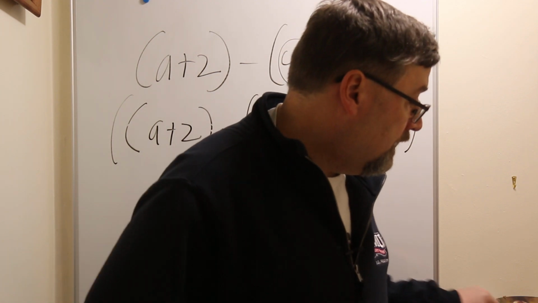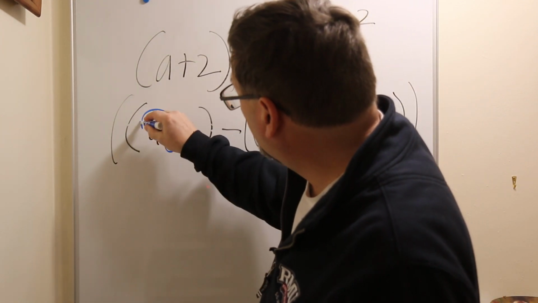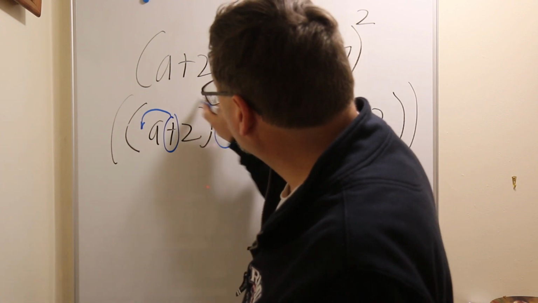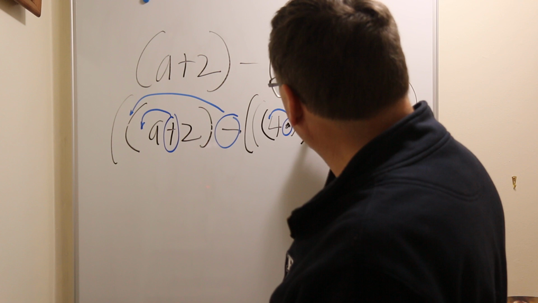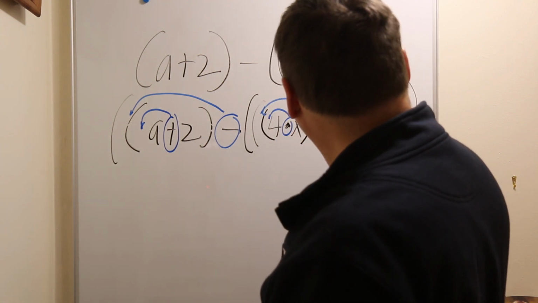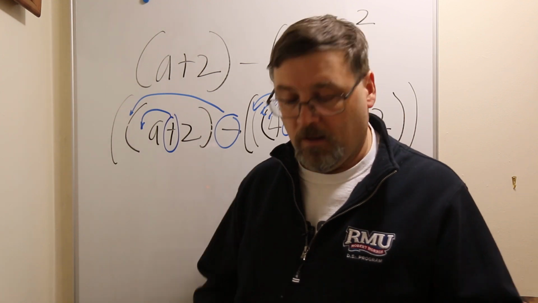So what we're going to do is move the plus over to there, we're going to move the minus over to there, we're going to move the times over to there, the plus over to there, and the exponent over to there.